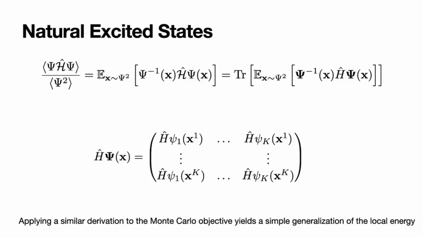Okay, and then we can just do the same standard ground state VMC trick, basically sampling from this capital psi squared.